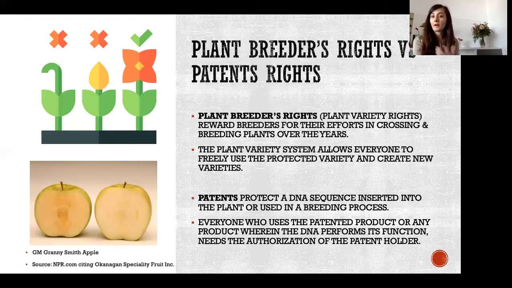Now, what are the practical implications of this issue? Imagine a breeding company, and these have been real problems sometimes, that needs to use a DNA sequence that grants the property to resist a certain disease, or to resist climate change, let's say. Then the moment this breeder finds out that there is a patent, it needs to ask for a license.